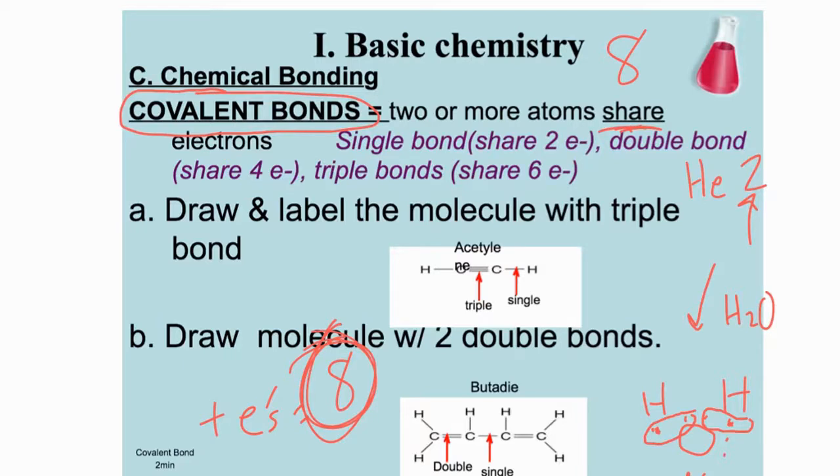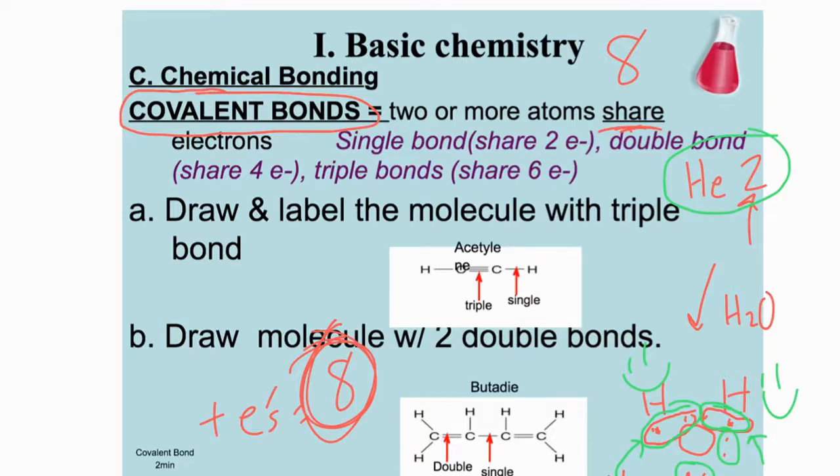So now, both hydrogen atoms think that they have 2 electrons in their outer shell, like helium, so they are happy. Oxygen, which only has 6, is sharing these 2 here, so it counts 2, 4, 5, 6, 7, 8. Oxygen also thinks it has 8 electrons in its outer shell. So oxygen is also very happy right now.